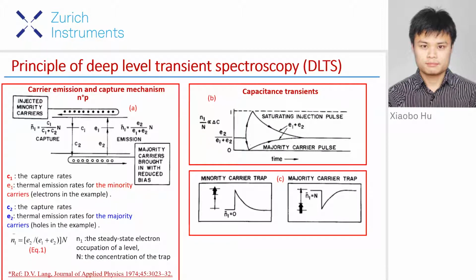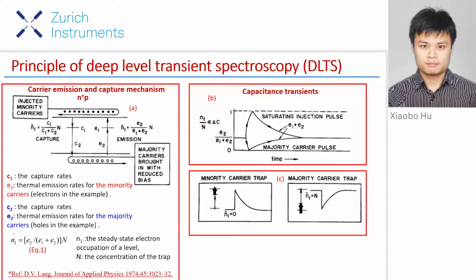One of these rates usually dominates. Thus, the transient rate for a majority carrier trap is E2, and for a minority carrier trap is E1. The sign of the capacitance change depends on whether the electron occupation of the trap had been increased or decreased by the pulse.